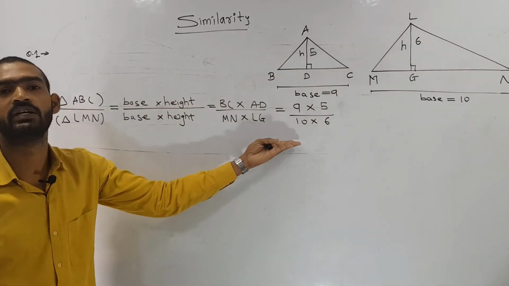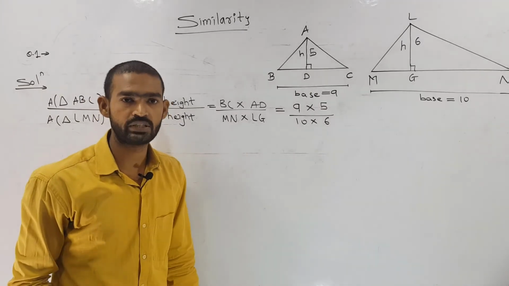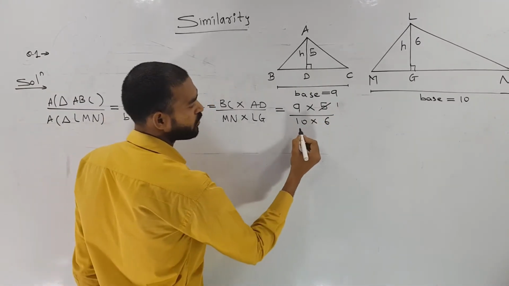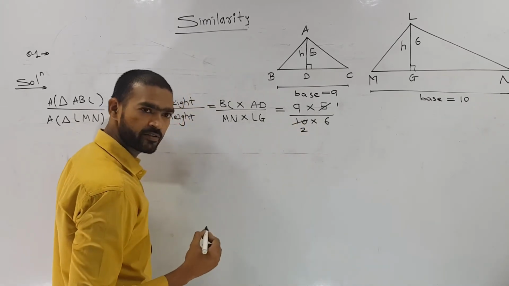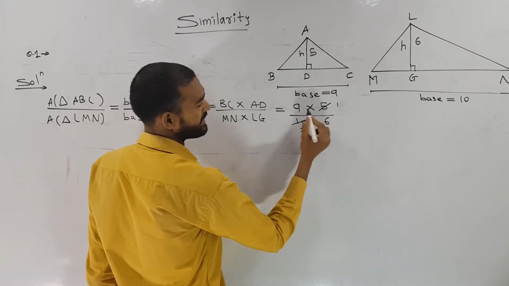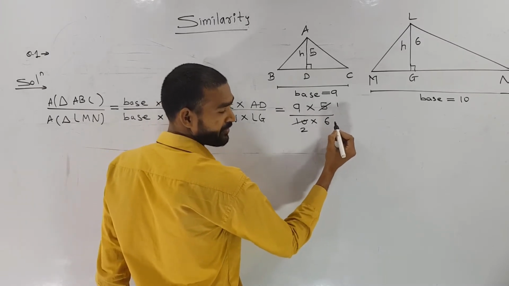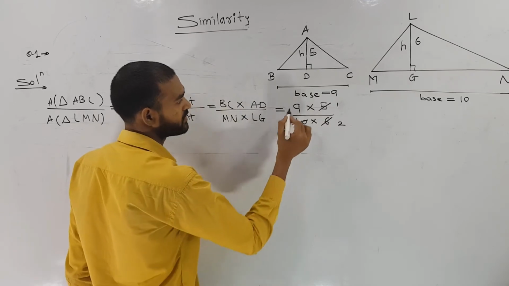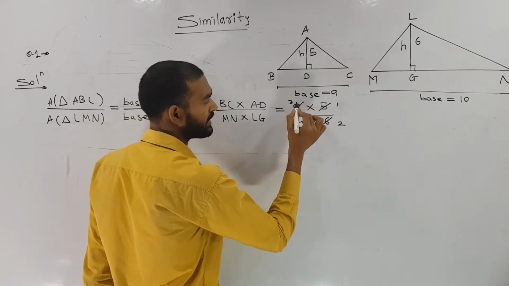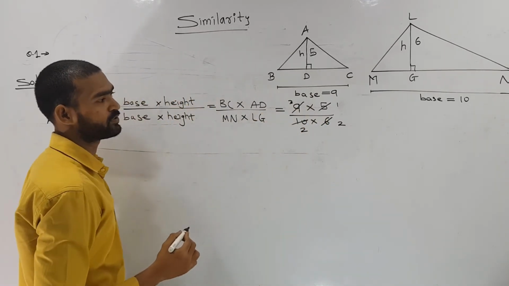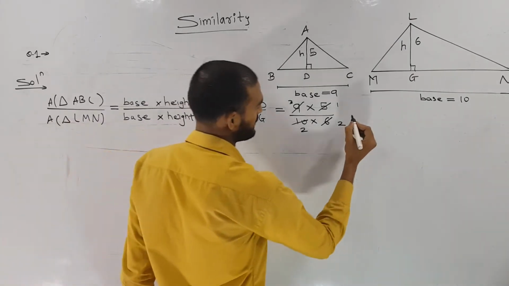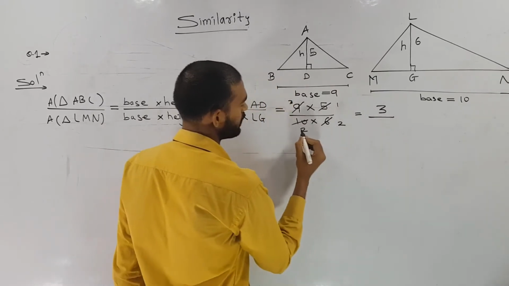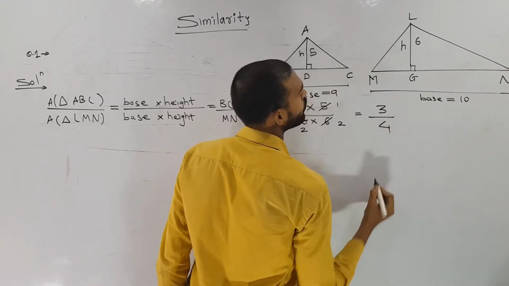Now students, can we divide these? Yes. Let us divide. 5 ones are 5, 5 twos are 10. Now 6 and 9, these we can divide by 3. 3 twos are 6, 3 threes are 9. So what is your answer? Your answer will be 3 ones are 3 upon 2 twos are 4.